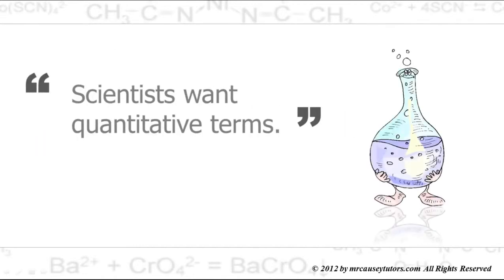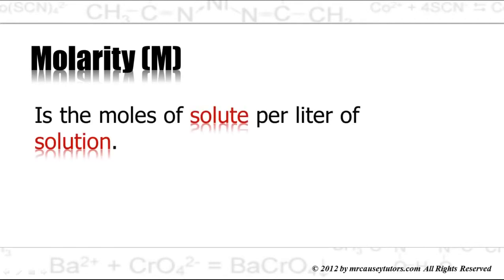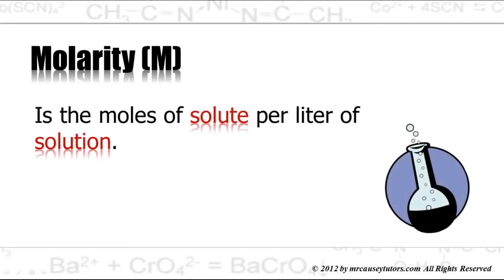But these are all kind of qualitative terms, and scientists want quantitative terms. Scientists want terms that can be measured with numbers and mathematics. So they've come up with molarity. They've also come up with another idea called molality. But molarity is the moles of solute per liter of solution. Now notice I said solution, not solvent.